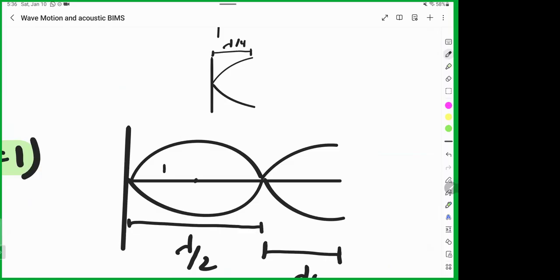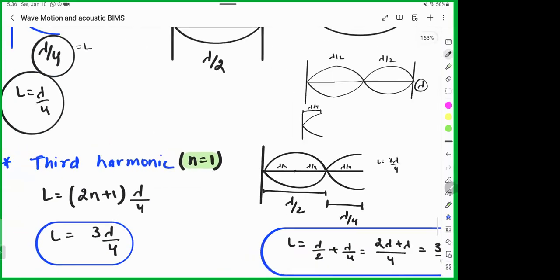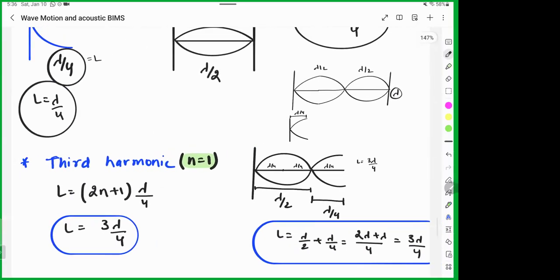For example, this is lambda by 4, this is lambda by 4, this is lambda by 4. What will be total length, guys? Make sense? Correct. Understood? It looks like third harmonic.